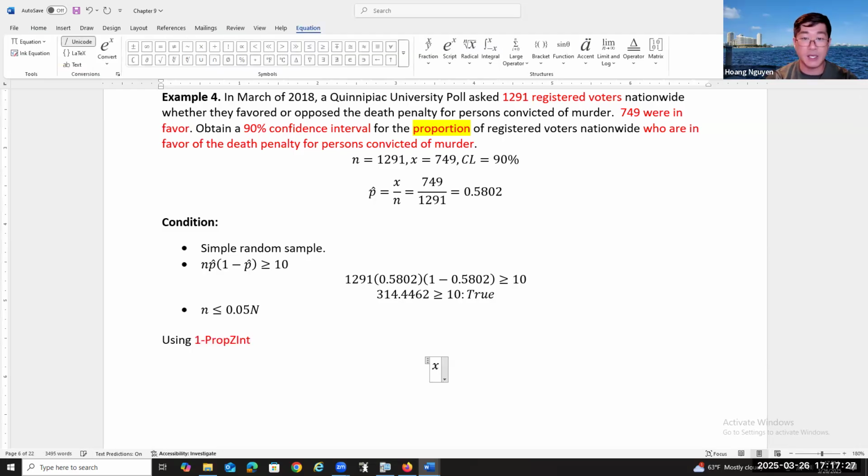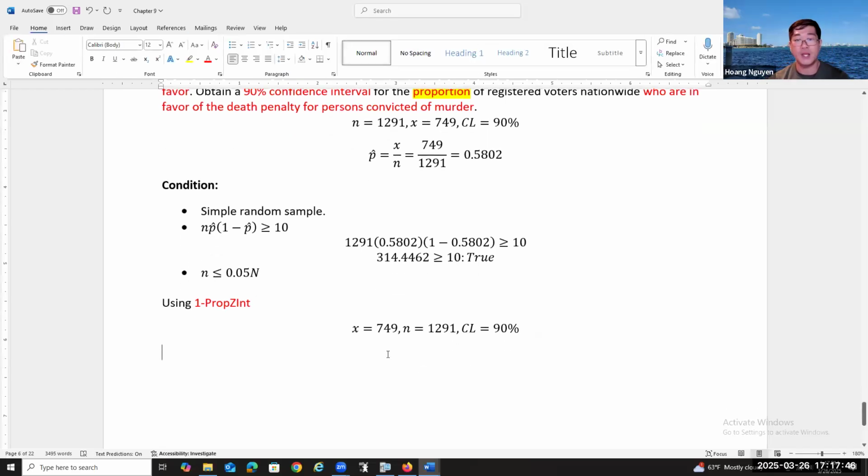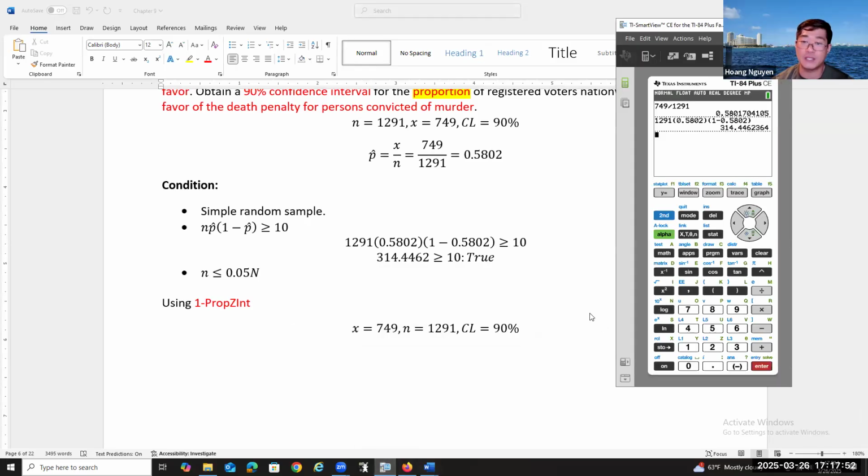So x equals 749 and n equals 1291. And the confidence level, you might use in terms of percent or decimal. So it's going to be 90% or 0.9. One or the other should work. Yeah. So you need to mention the name of the shortcut that you use. And after that, you have to show me the input that you use. And then just run the calculator and get the answer from your calculator.